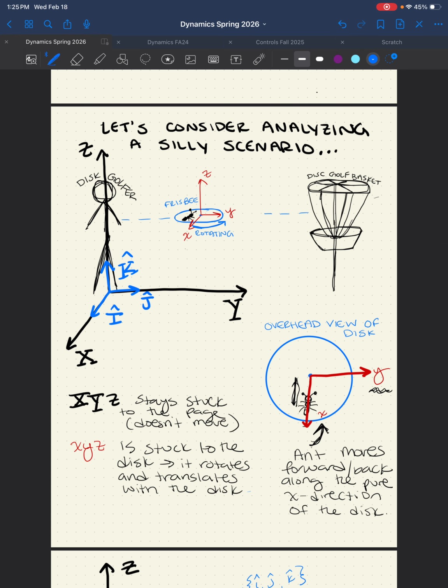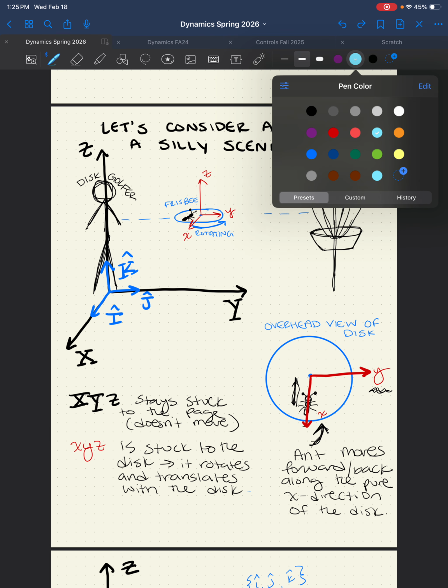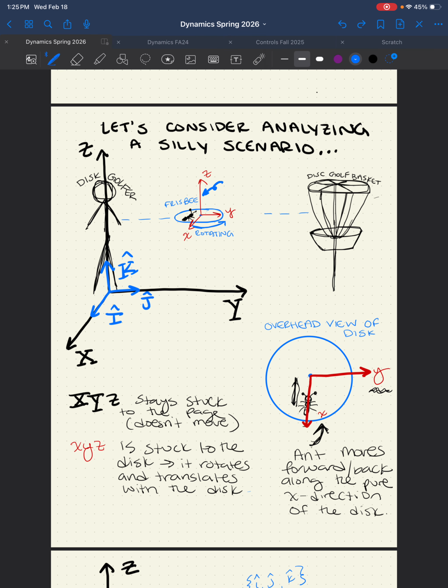Okay, and this little XYZ frame, I'm going to say this one goes with little I, little J, little K hat. Okay? Note, the ant does not get its own reference frame. The Frisbee gets the reference frame, not the ant.